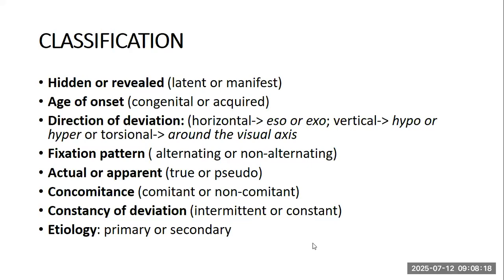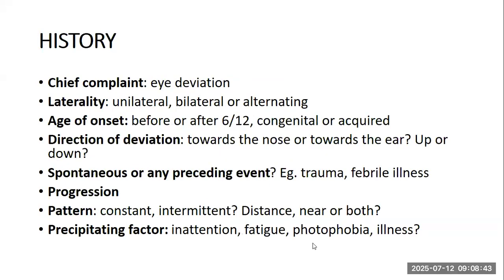Is the angle of deviation the same in all directions of gaze or not? Then is the deviation always there, or are there things that bring out the deviation? So that's another way of classifying the strabismus. Then is it primary or is it secondary to a lesion, possibly an entrapment or something? So these are ways of classifying strabismus.